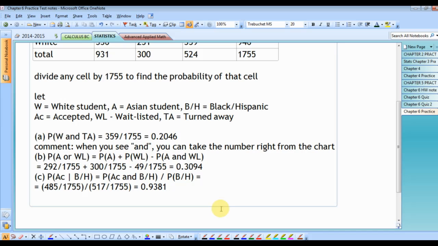D. Estimate the probability that a student who was not white was either waitlisted or turned away. Yikes! That's a lot to sort through. Is this straight probability, or are we given a condition?